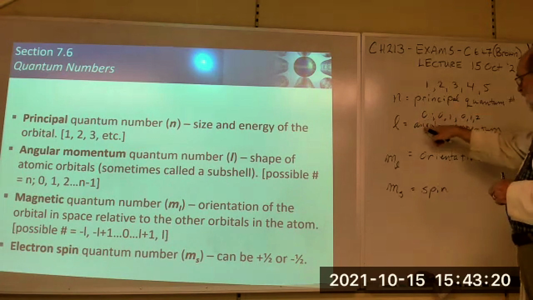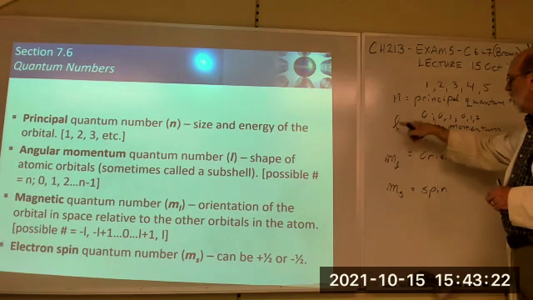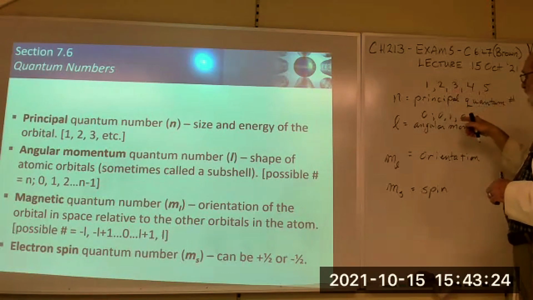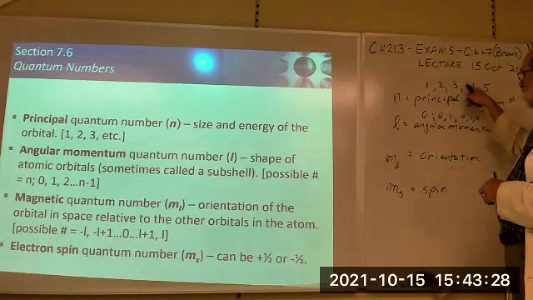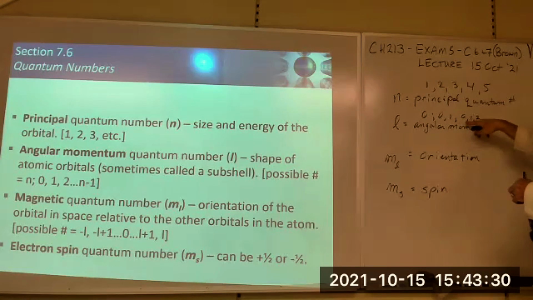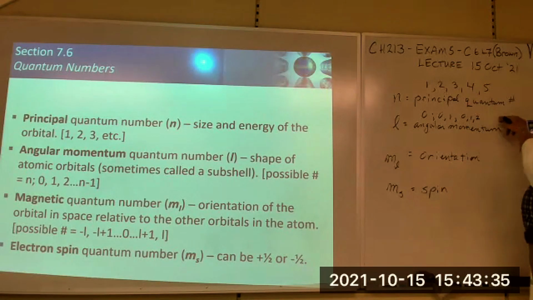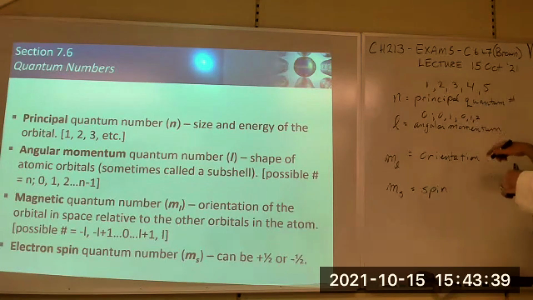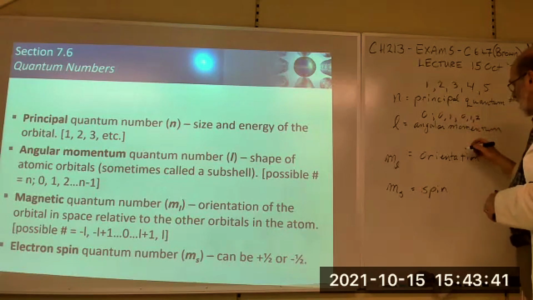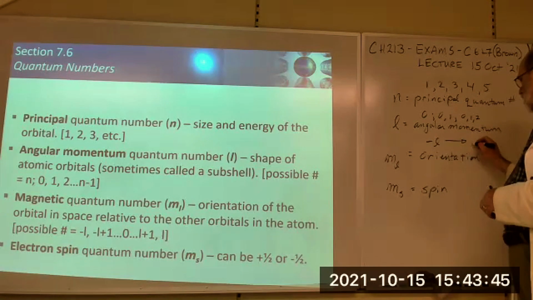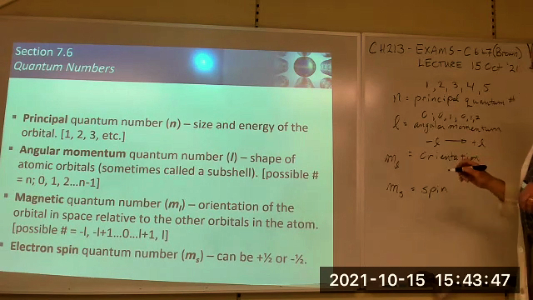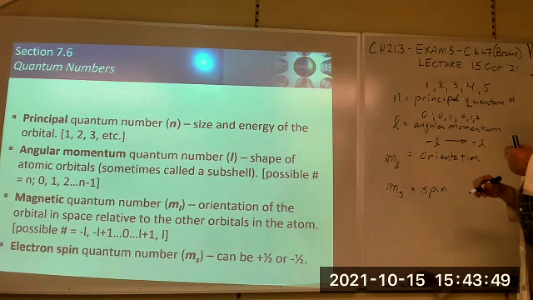So the number of angular momentum values you can have for each n is the same as the n number. If it's 3, you can have 3 of them; if it's 4, you can have 4. But it starts at 0 and works its way up. Then for each one of these, you can have from minus L up to plus L in whole number increments.